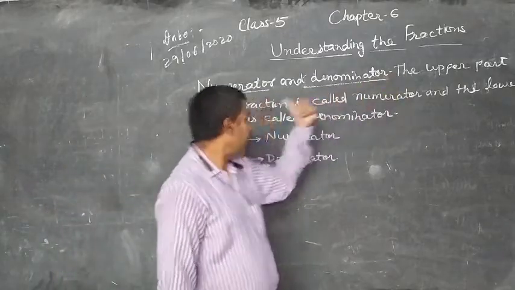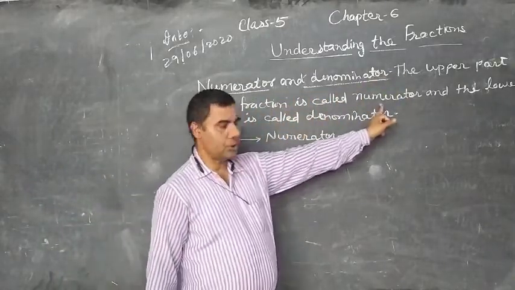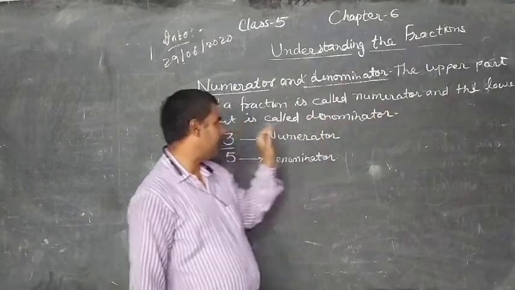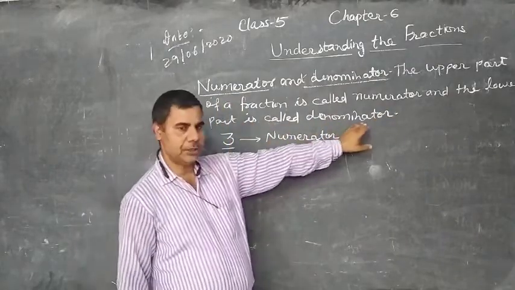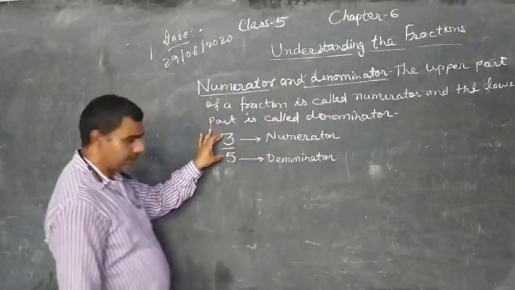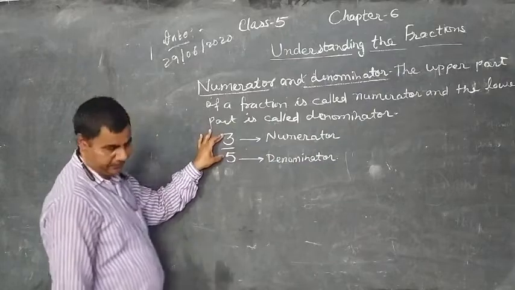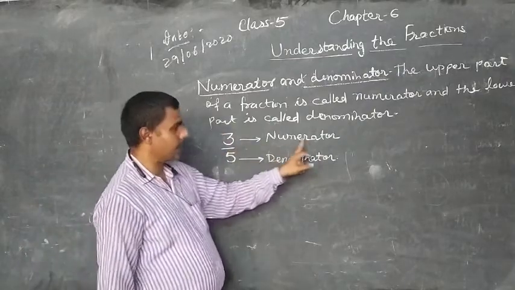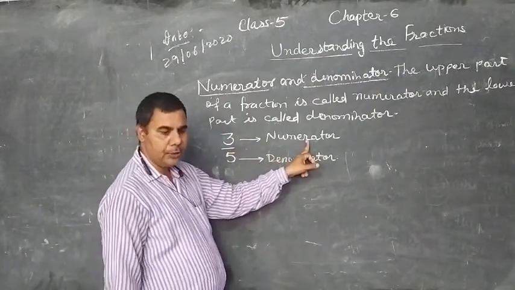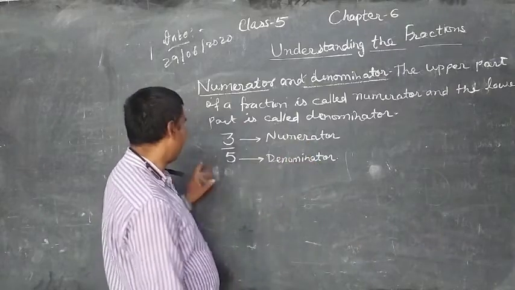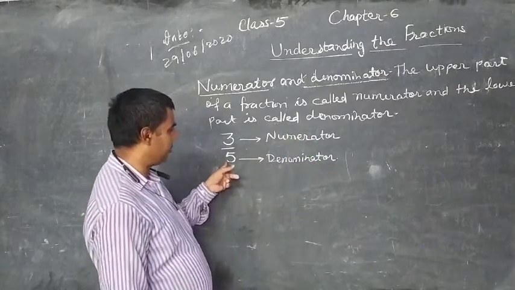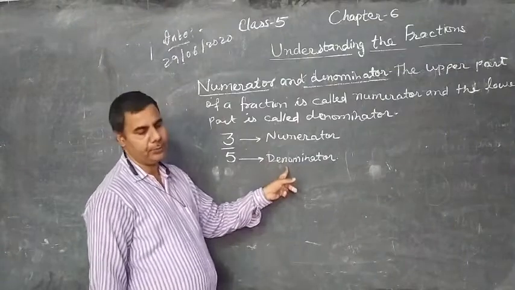The upper part of the fraction is called numerator and the lower part is called denominator. This fraction is 3 by 5. 3 is the upper part, so it is called numerator. And 5 is the lower part, so it is called denominator.